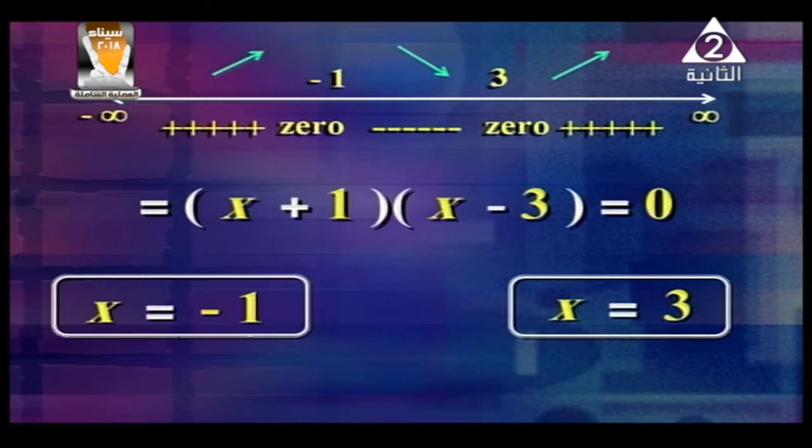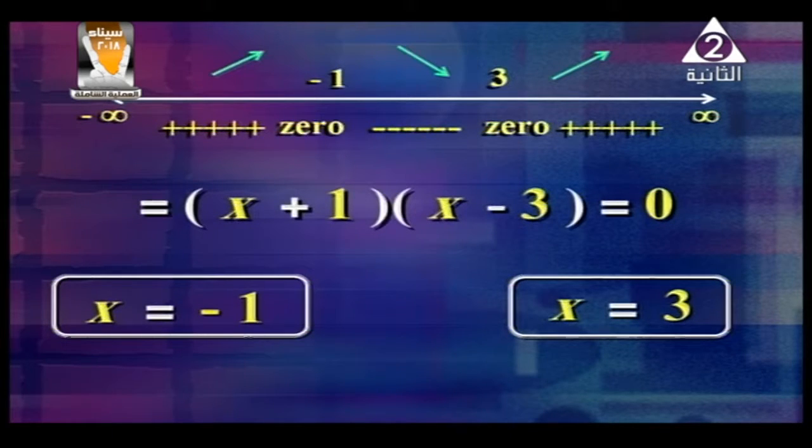Dear student, look at the number line from negative infinity to infinity. The first interval from negative infinity to negative 1. Second interval from negative 1 to 3. Third interval from 3 to infinity.